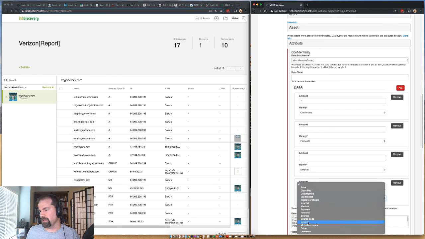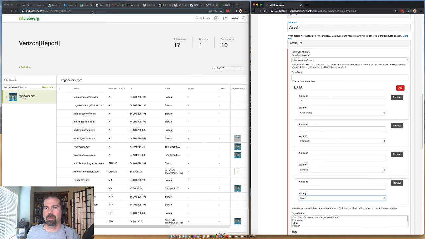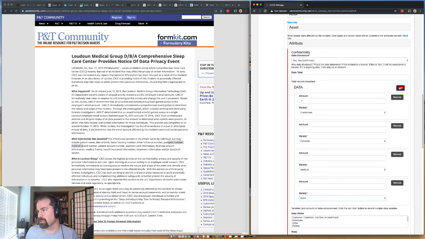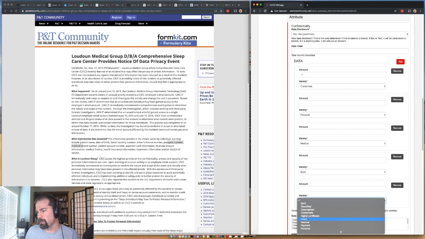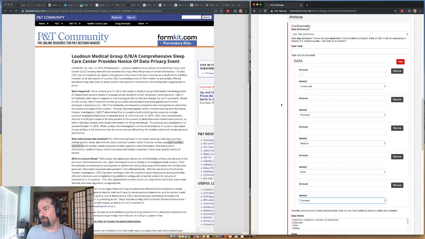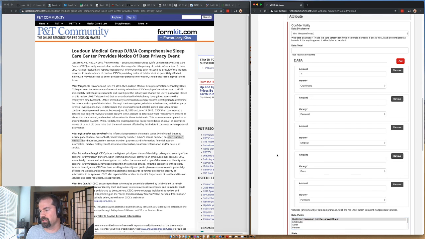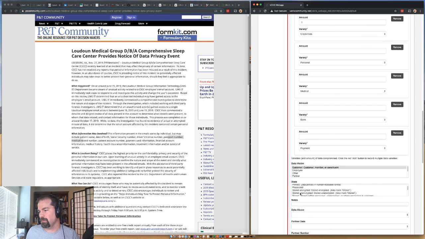Let's see, payment, actually bank, and then did they talk about credit card numbers too? Passport number, medical record, patient number, payment. Yes. Gosh. Okay, payment information too. Okay, and this is all customer data, but they did not disclose how much or how many people. State, it was stored.